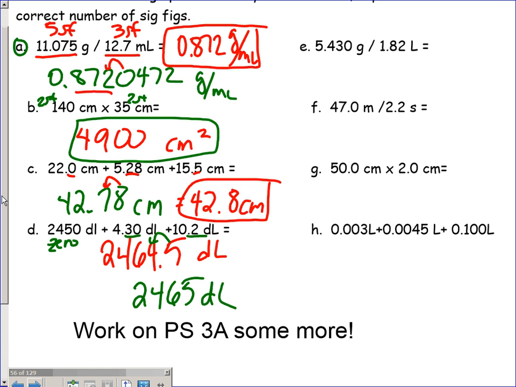I already did all the calculations. I did not round any of these because I didn't know how to.